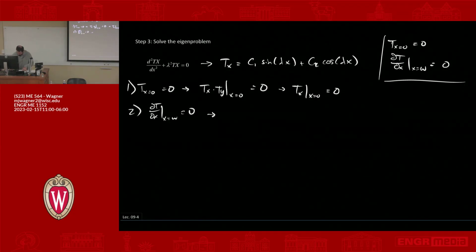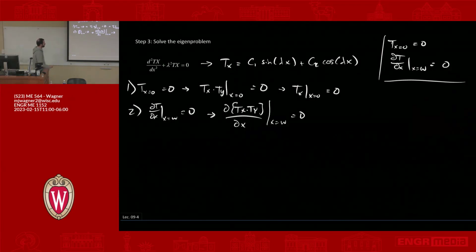So substitute in. Now we're going to say partial of T_x times T_y with respect to x at x equals w equals 0. So we've just made the substitution.